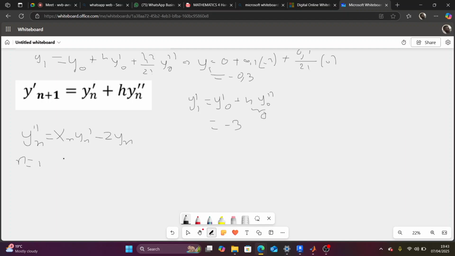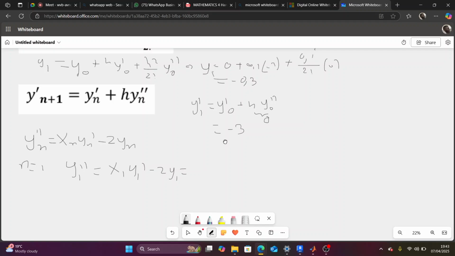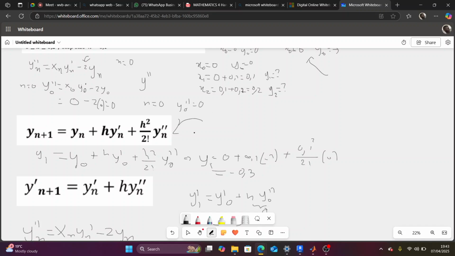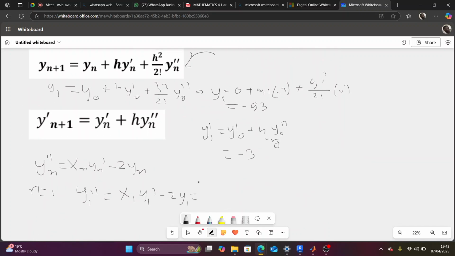Let's see. This one will give y1 second to be equal to x1 multiplied by y1 prime minus 2y1. So what is the answer? What is x1? X1 is this one, remember? 0, 1. Mr. Skilish, are you with me?